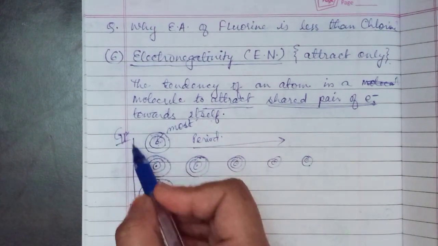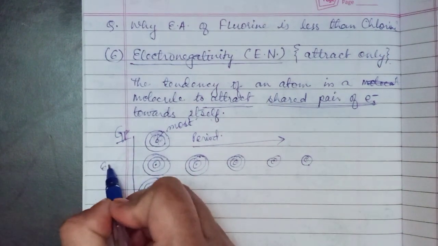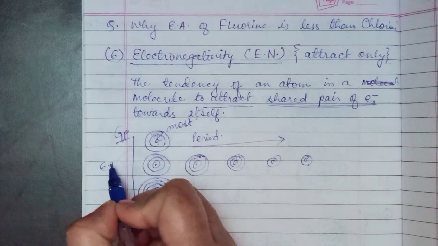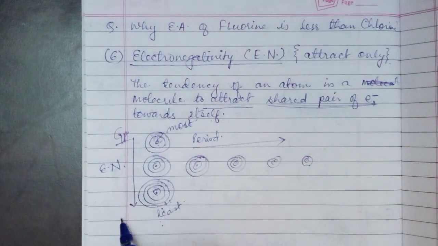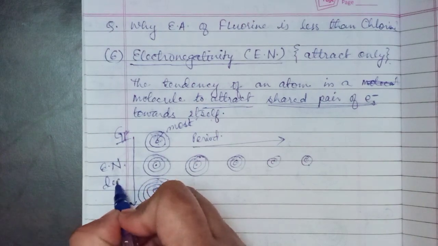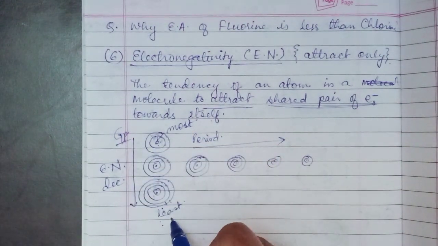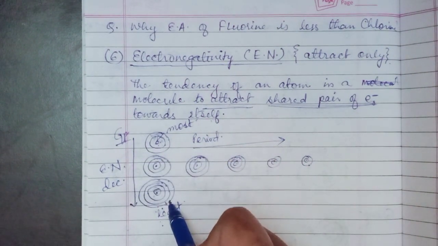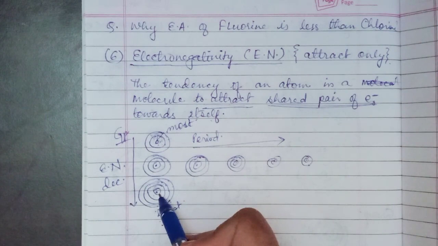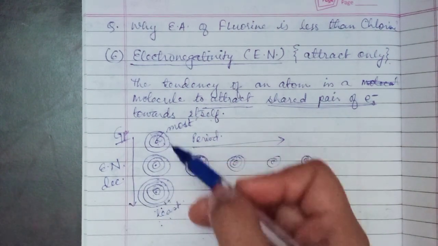So as we move from top to bottom in a group, electronegativity will decrease. Okay, electronegativity will decrease as we move down in a group because the size of an atom is increasing and the nuclear pull is not that strong as compared to the top.